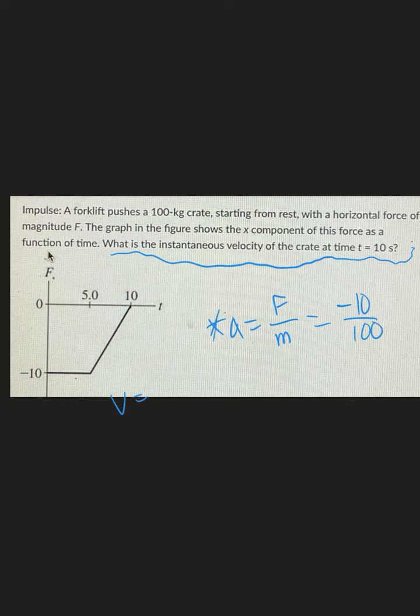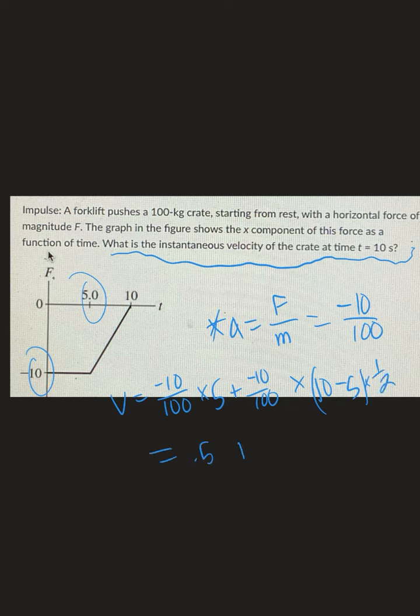So velocity, do that times 5, because this is the negative 10 out there, and then this is the 5, plus negative 10 over 100, times 10 minus 5, times the half.